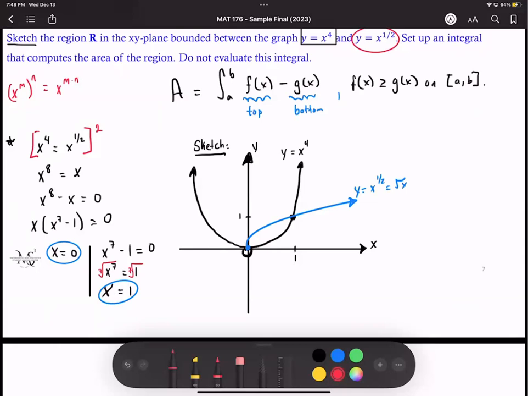Now, we're trying to find this area. So between x equals 0 and x equals 1, in this interval, you can see that the square root of x is greater than y equals x to the 4th.